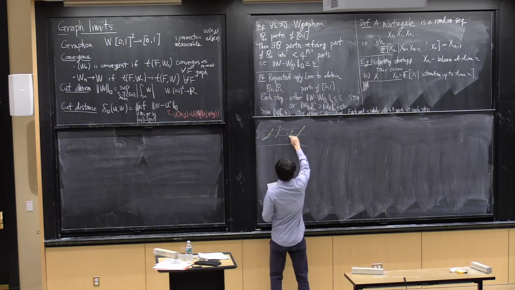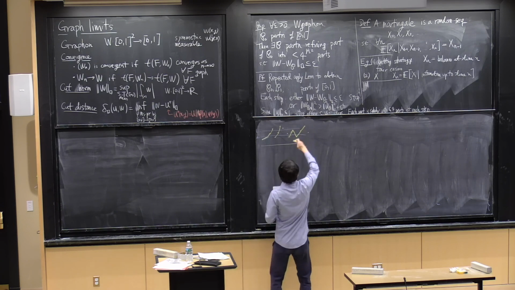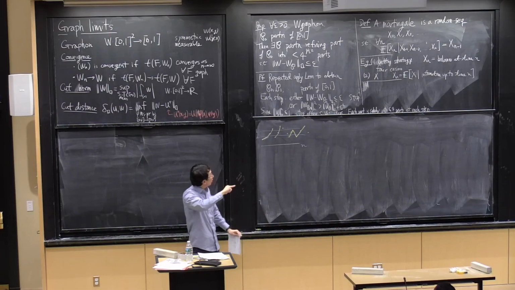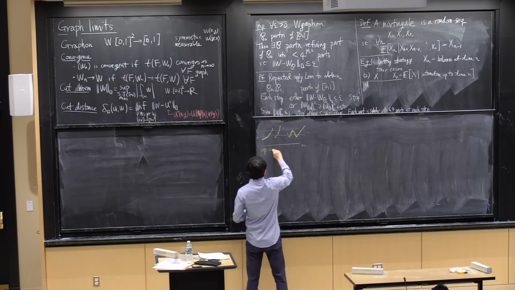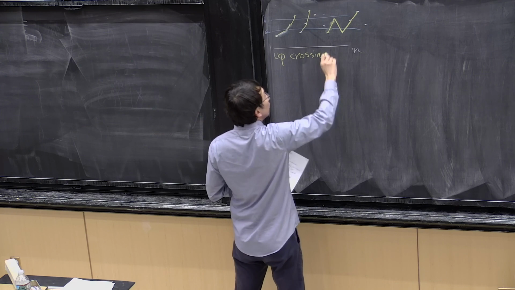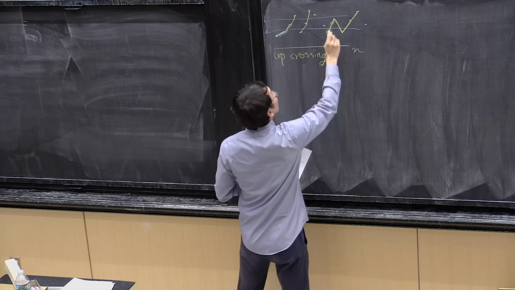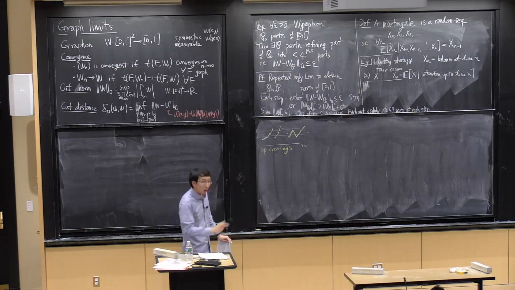So I start below A until the first time I go above B, and then I stop that sequence. Those are the upcrossings of this martingale. So an upcrossing is when you start below A and then you end up above B.